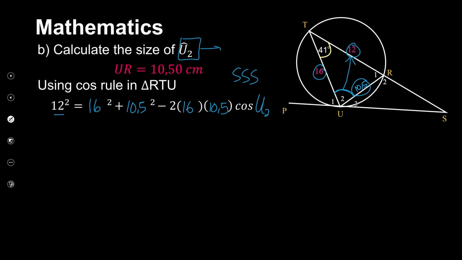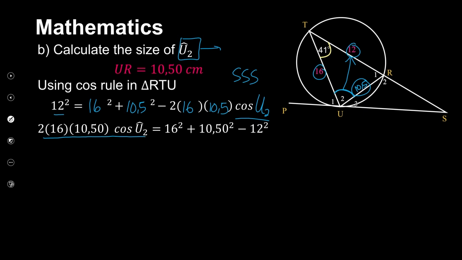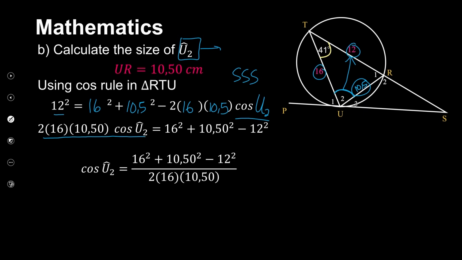Okay, now remember again we're solving for U2, so we're going to have to do some algebra to make the cos of U2 the subject of the equation. So we're just going to do a bit of algebraic manipulation here, bring that onto this side, take everything else onto that side, and now we're going to divide by whatever is not U2 because we're isolating the cos U2 part. We're going to put this expression into our calculator with shift cos.